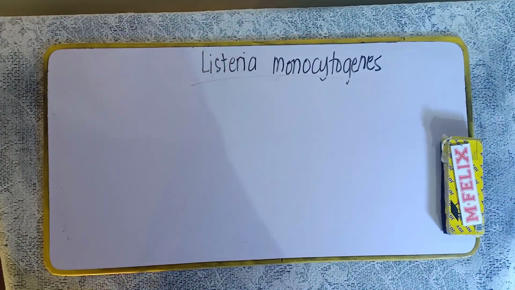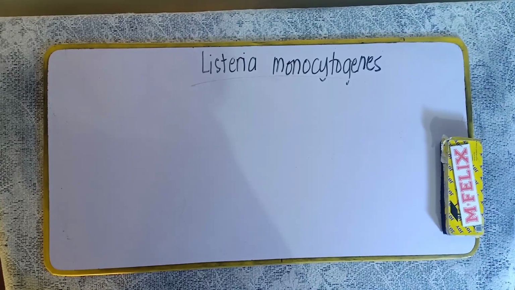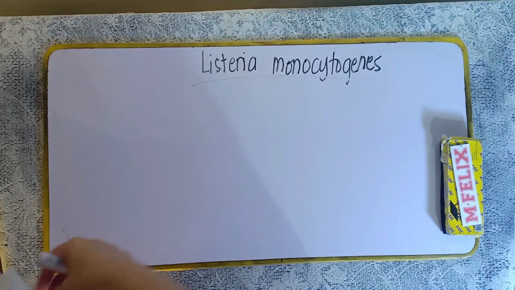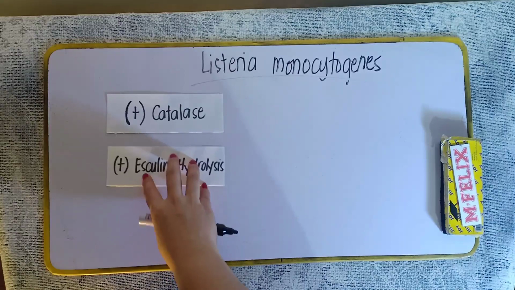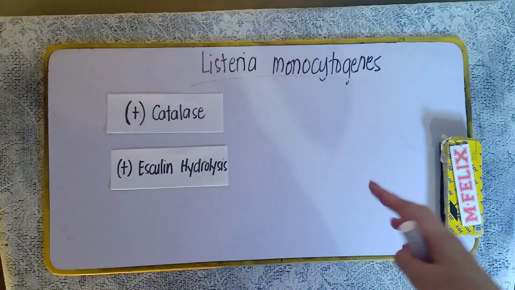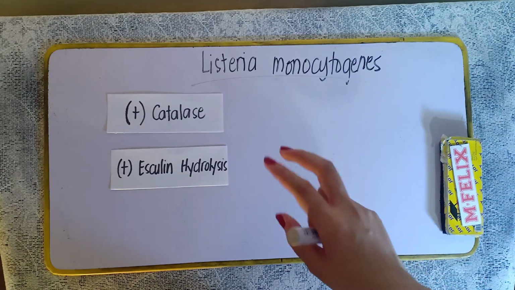Now, morphologically, these organisms, class, are short, gram-positive, non-spore-forming bacilli. They are also catalase positive and bile esculin hydrolysis positive. Also, they are highly motile organisms with a very unique type of motility.